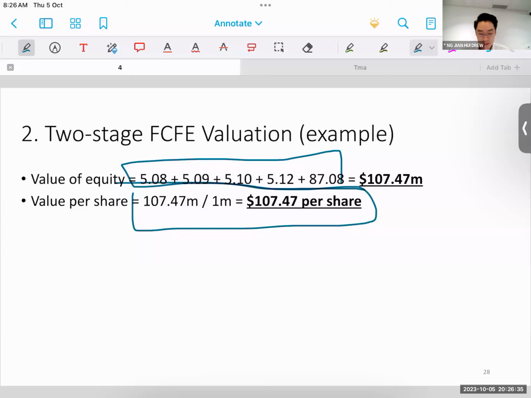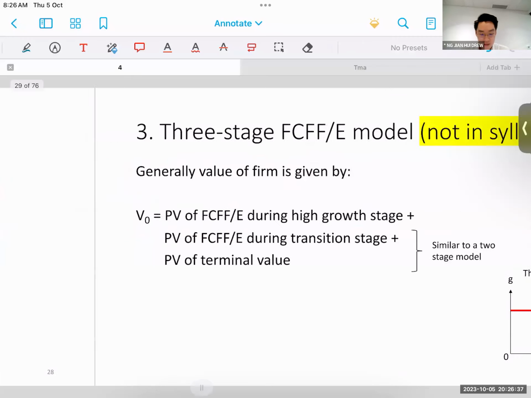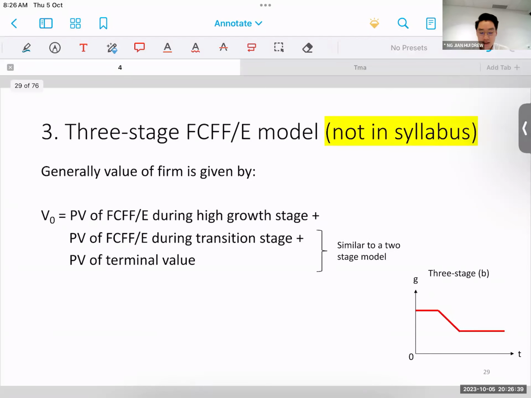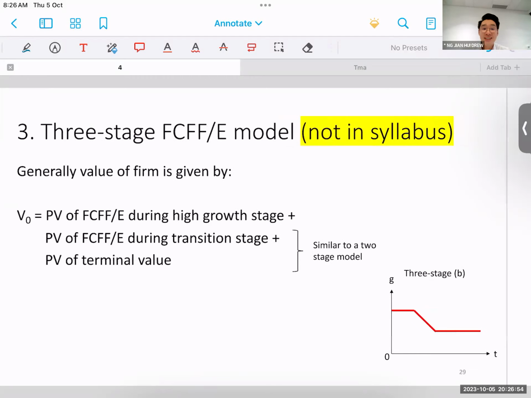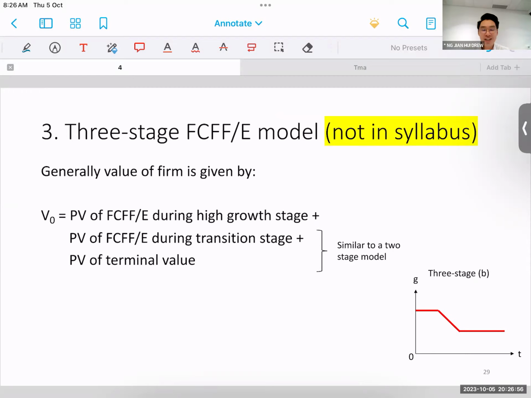Okay, perfect then. I'll not go through the 3-stage, so don't worry, it's not part of the syllabus. I'll just put it here for you to have a look. If you do recall, we did an example for dividend discount using the 3-stage. It's kind of similar, the concept of it.